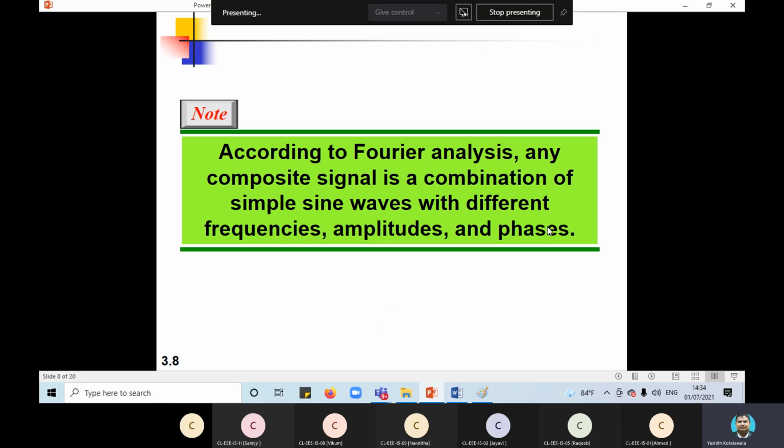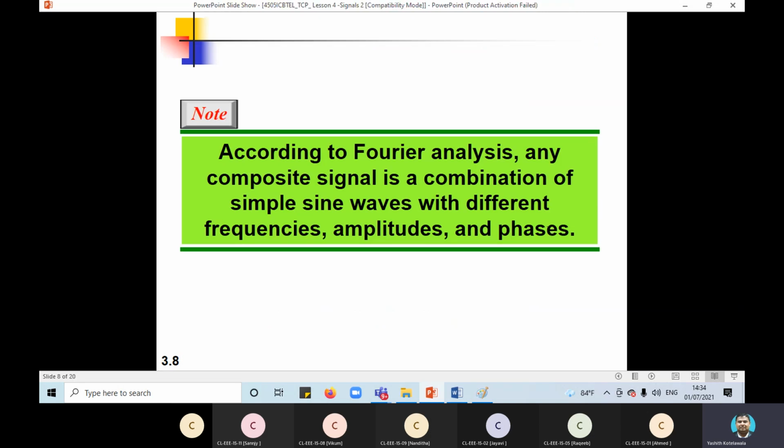Right, so there's a note given. According to Fourier analysis, Fourier is a mathematician who came up with a specific mathematical derivation method, which is to be used for decomposition of complex situations, complex systems.